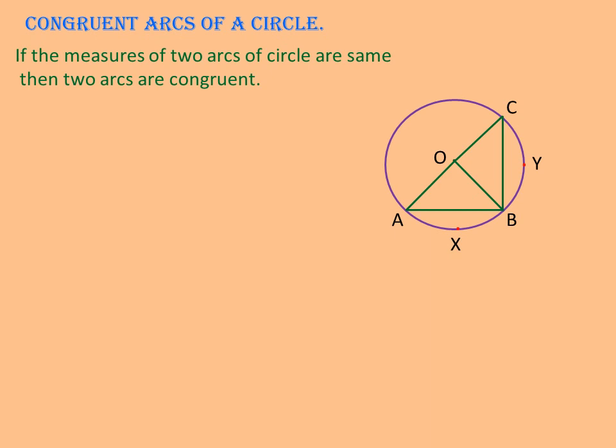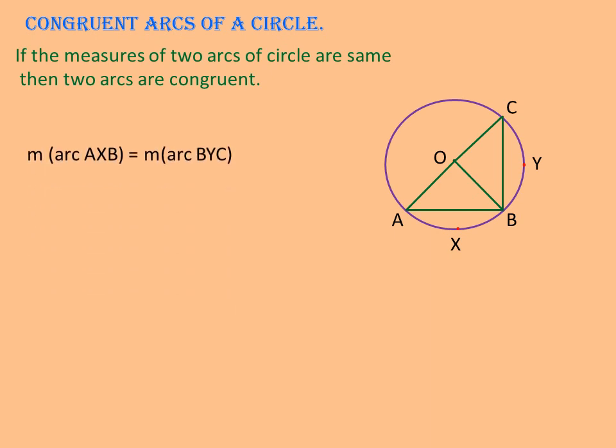You can see the two arcs are there, and you can say that both the arcs are equal. Why? Because as you know, a diameter divides the circle into two equal parts. So the arc AC will be equal to arc ABC also. Clear? Let us see some more points.